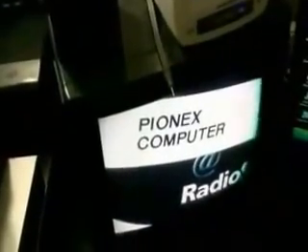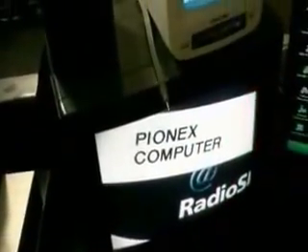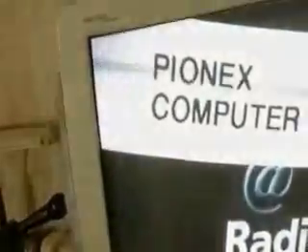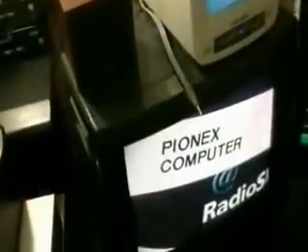So if I need to read something, I can use this monitor with this magnifier. So I have the signal split onto 2 monitors. There it is there, and there it is there.